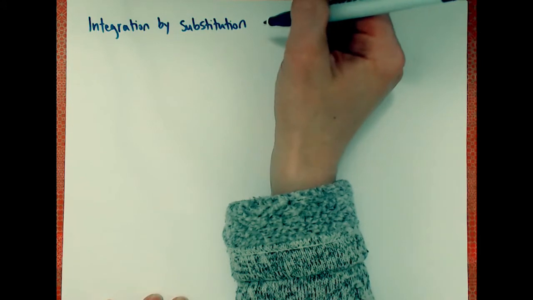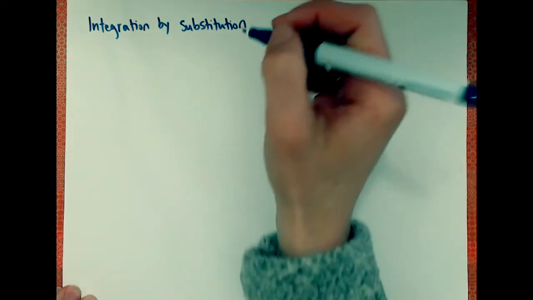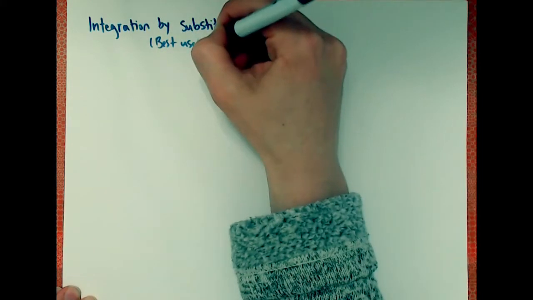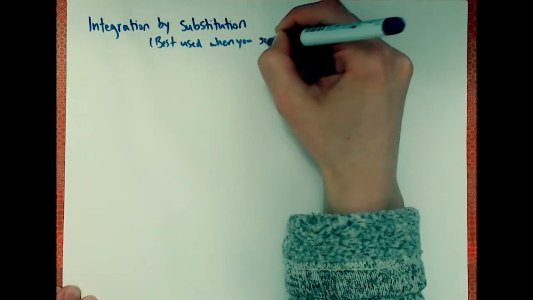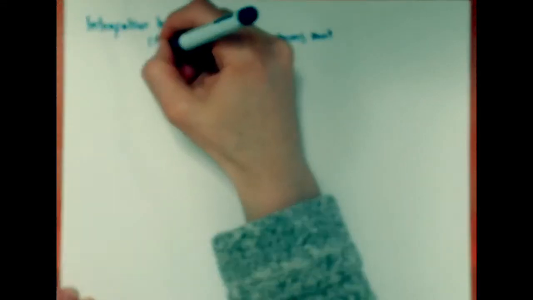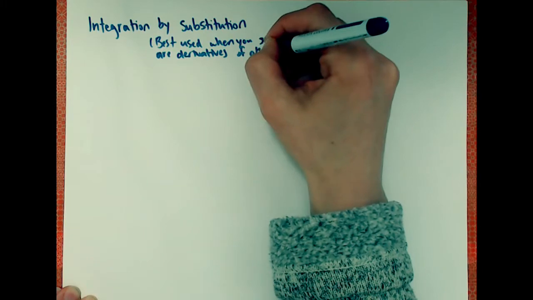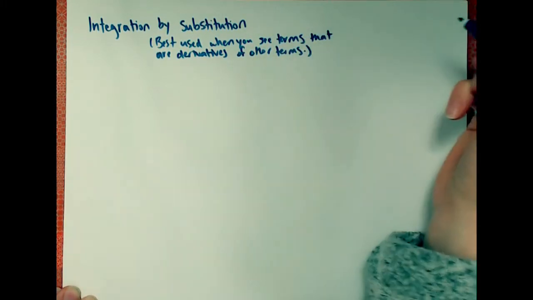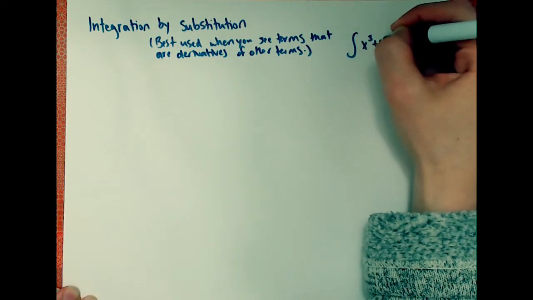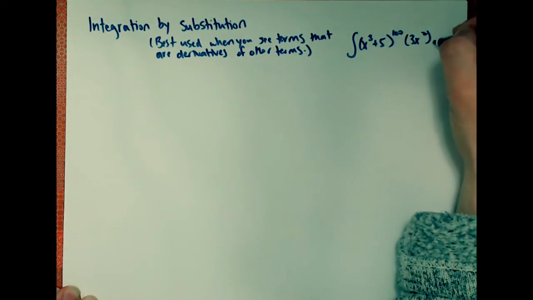This is best used when you see terms that are derivatives of other terms in your equation. So for example, if the question was the integral of x cubed plus 5 to the power of 100 times 3x squared dx.